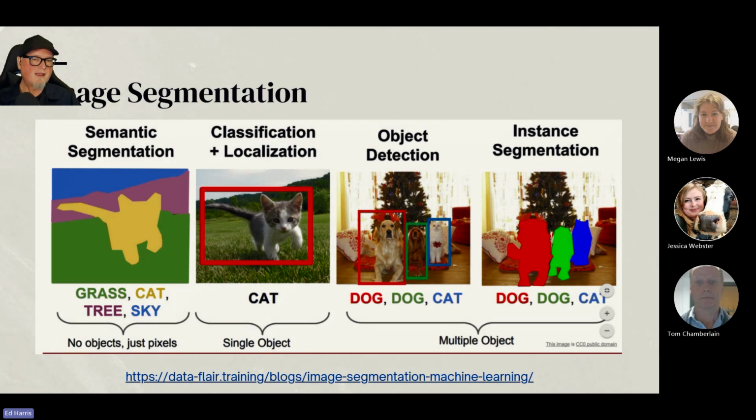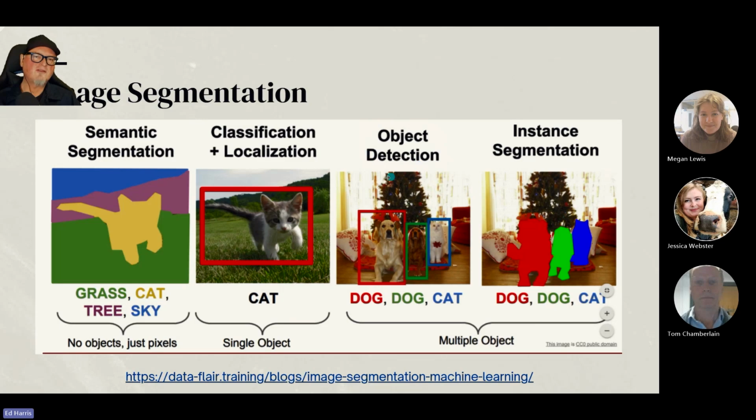So what classification and localization does is it draws a box around an ensemble of features that the model's been trained on and localizes it. Usually it's associated with a probability of that detection too, which is nice.